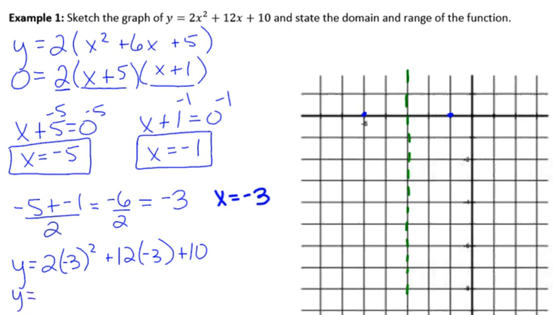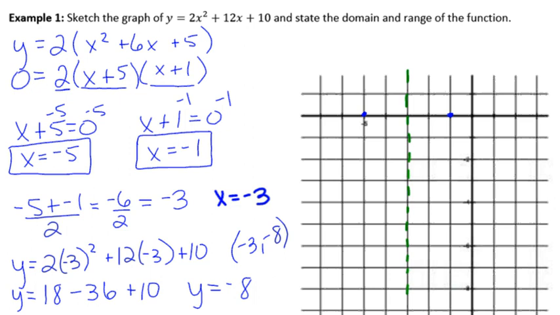Y equals negative 3 squared is 9 times 2 is 18. 12 times negative 3 is negative 36 plus 10. So my y value equals 18 plus 10 is 28. Subtract 36 is negative 8. So my vertex is at negative 3 and negative 8.